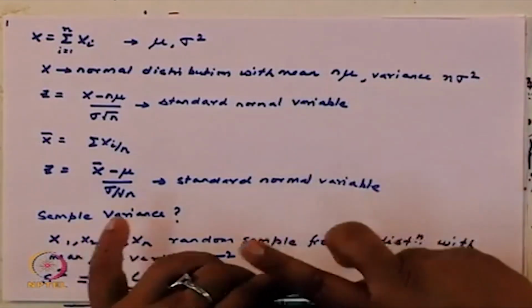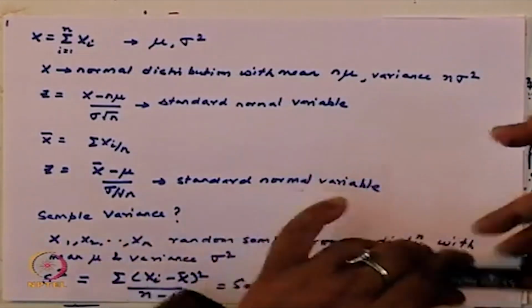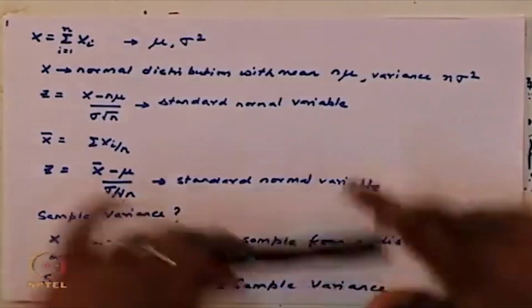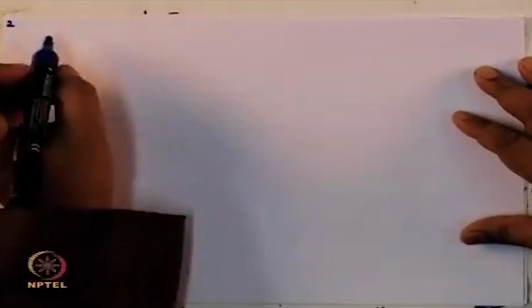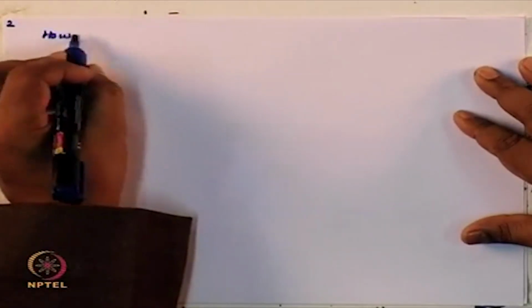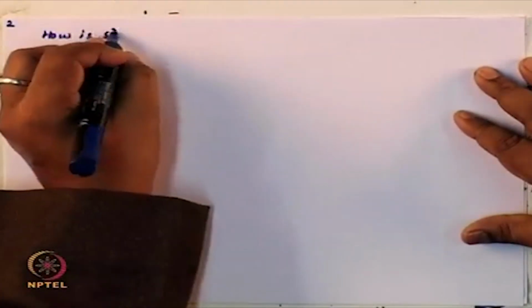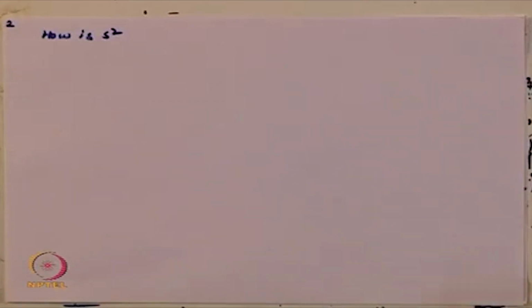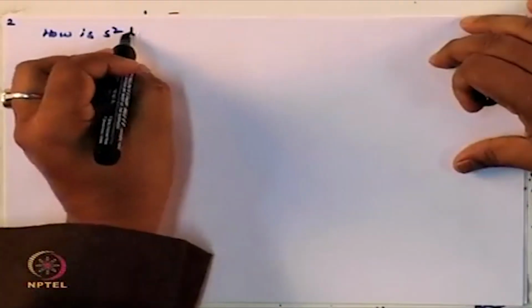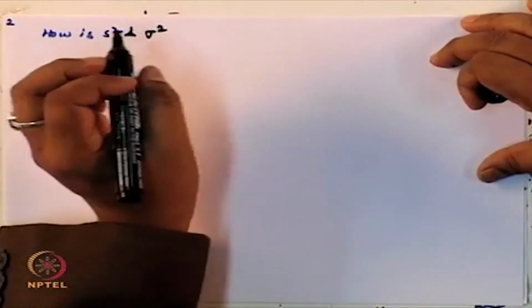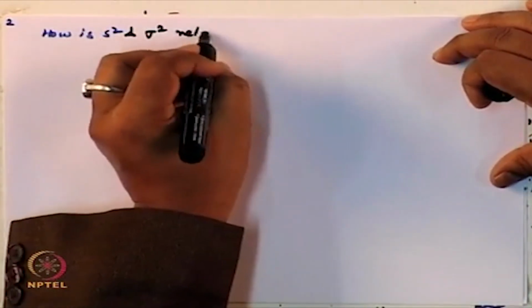So, this is the sample variance. How can I say anything about the link between the sample variance and the population level variance? Essentially the question is, how are S square and sigma square, the population variance, related?